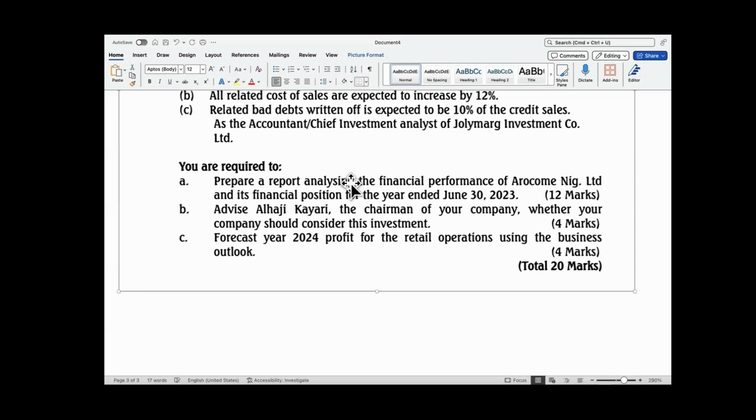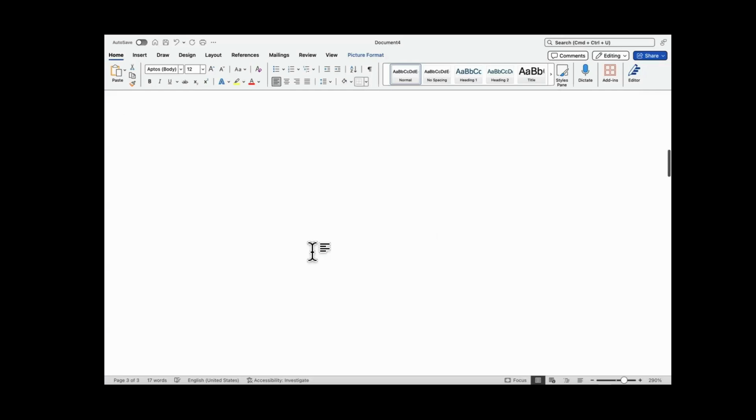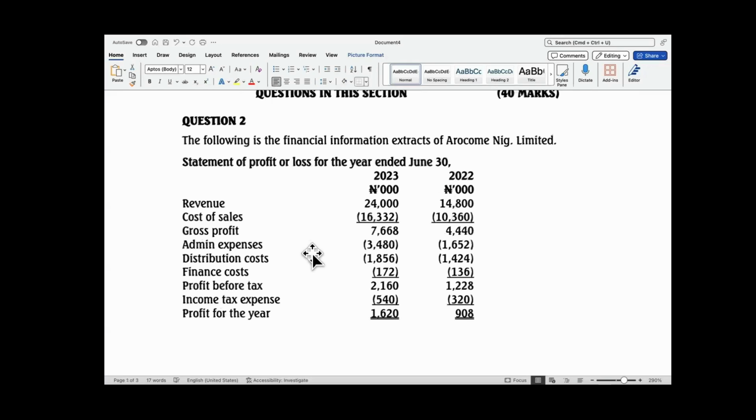Now, having understood the requirement of this question, which is to prepare a report analyzing performance and position of Agrocom, we're asked to advise the chairman of our company whether our company should consider this investment, and they ask us to prepare a forecast. So we can then go ahead and read this question. He said, the following is the financial information extracts of Agrocom Nigeria Limited.